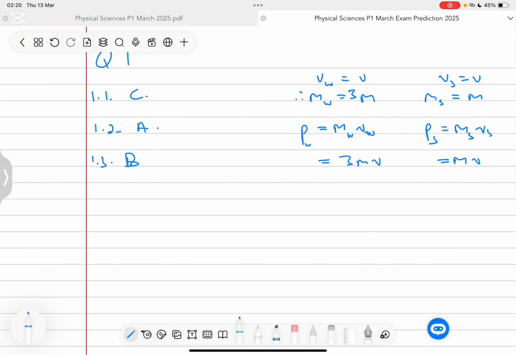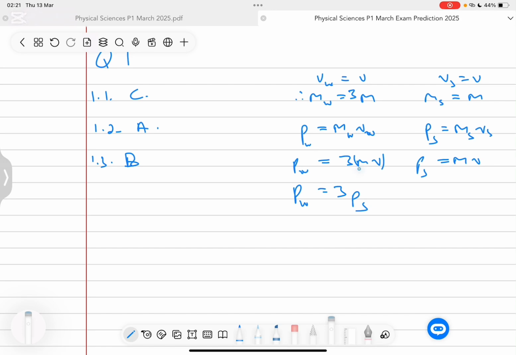Now, if we manipulate these equations, where we see the mv, we can put the Ps, the momentum of the spanspeck, because the momentum of the spanspeck is equal to mv. That means here we have 3 Ps and here we have Pw.